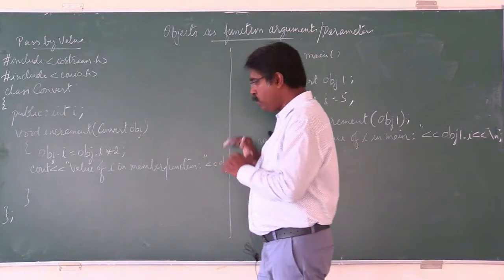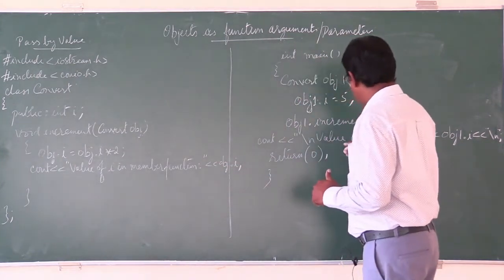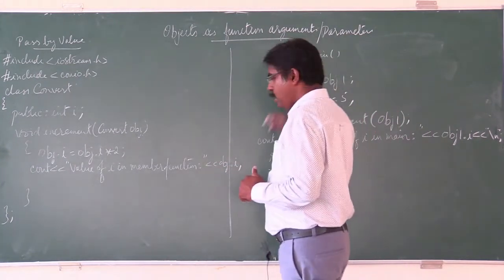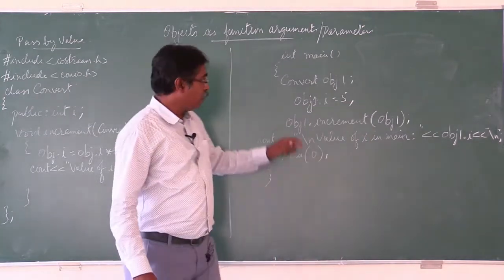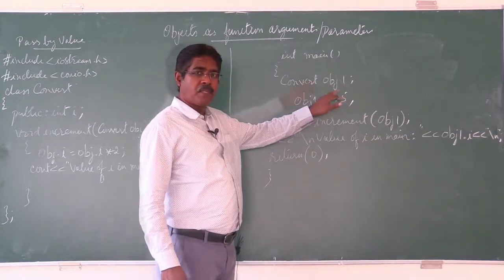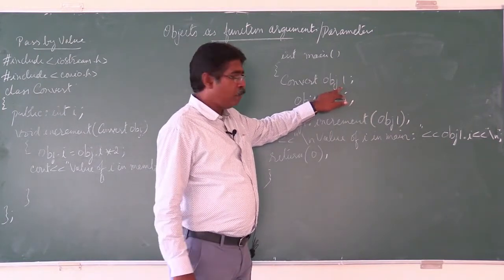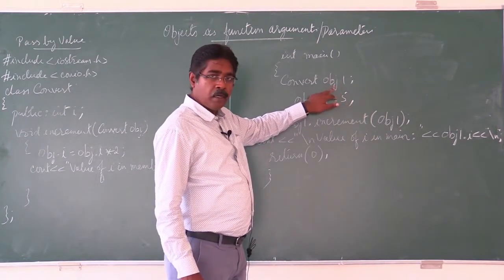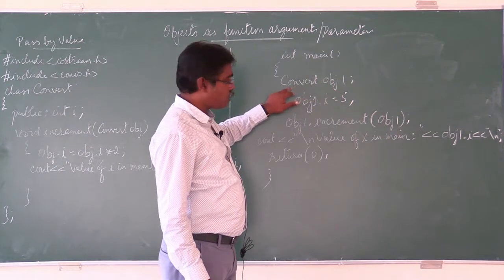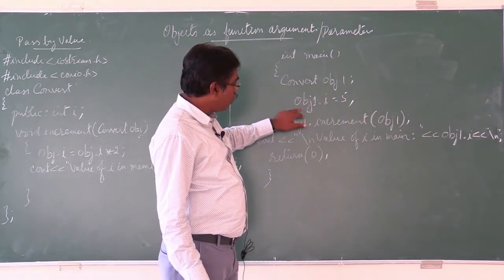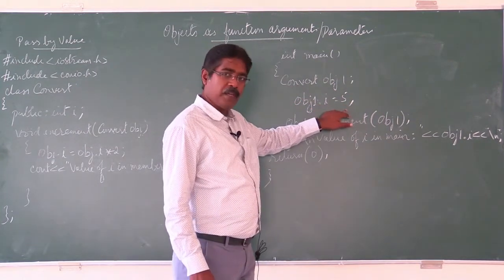Let me move on to the main function. This is the main function. Int main, open a flower bracket, convert obj1. obj1 is the object which is declared under the class convert, and obj1.I equals 5.